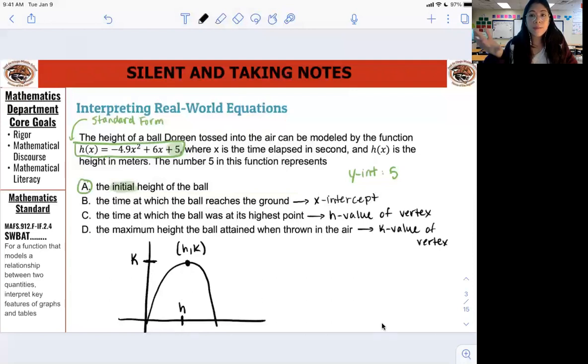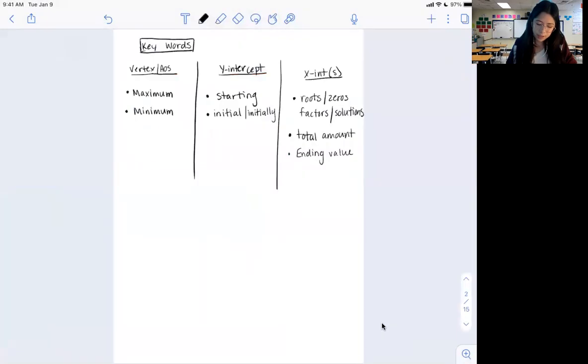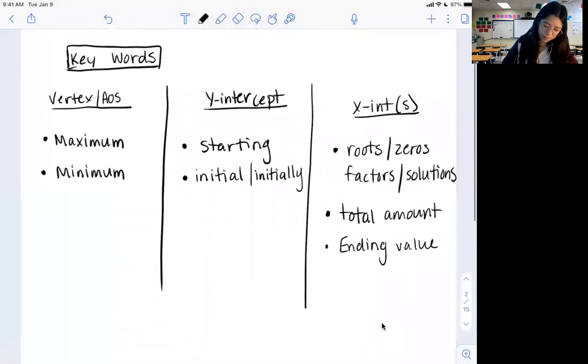So in general, that's something we can also write down in our list, because usually the h value is going to be time and the k value is usually going to be height.